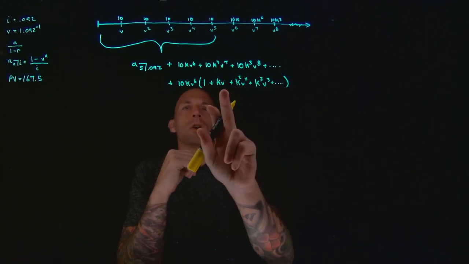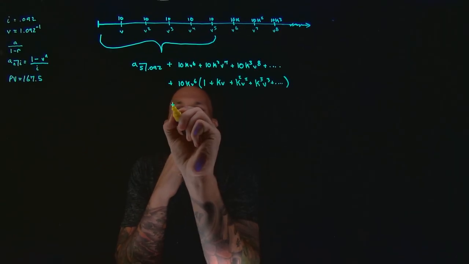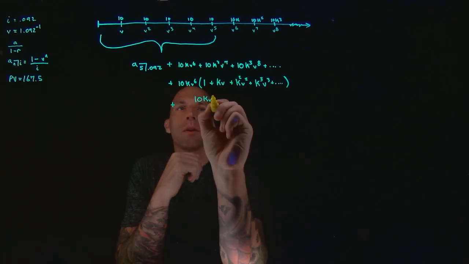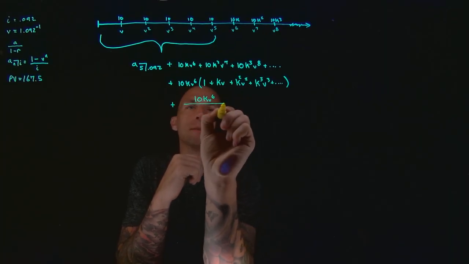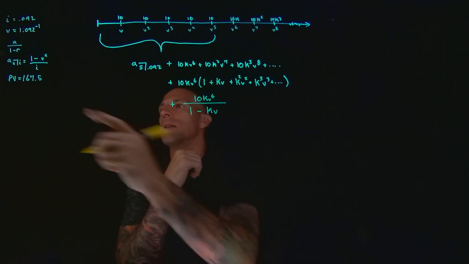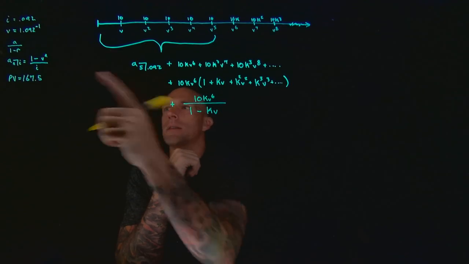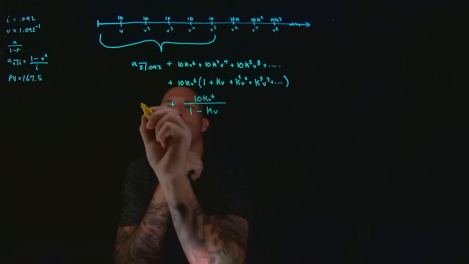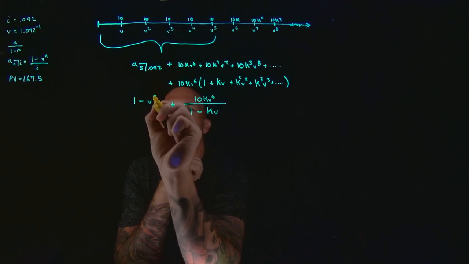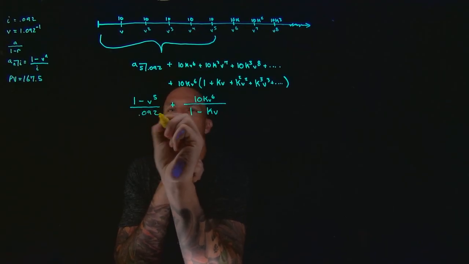So our common ratio is kv, our first term is a, so that means we can rewrite the second piece of the perpetuity as such. And this here, I'm going to go ahead and translate this into this formula here. So that is 1 minus our present value factor raised to the 5th over our interest rate.